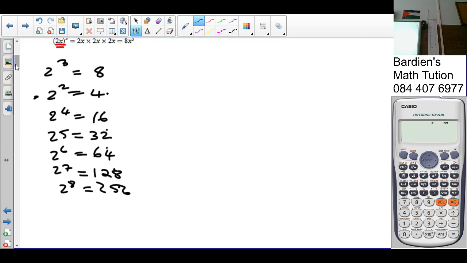Let's say we've got 3 squared, 3 cubed, 3 to the 4, 3 to the 5. What would that be? 3 squared is 9. 3 cubed is 27. 3 to the 4?